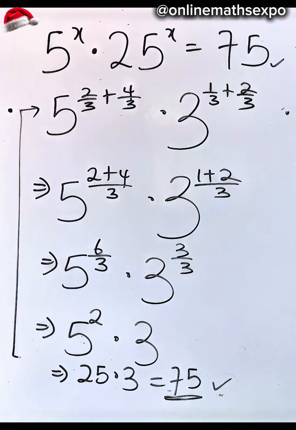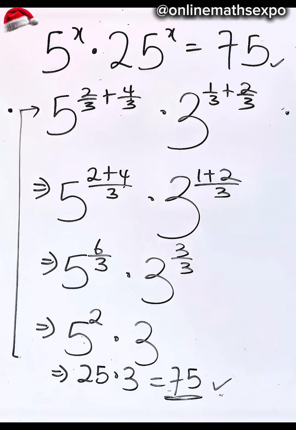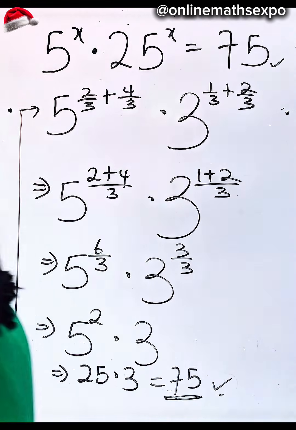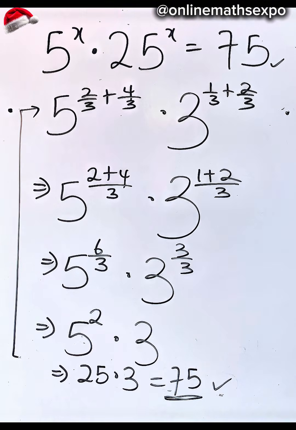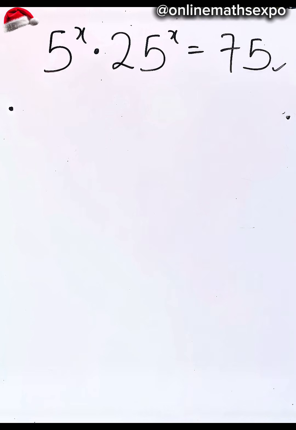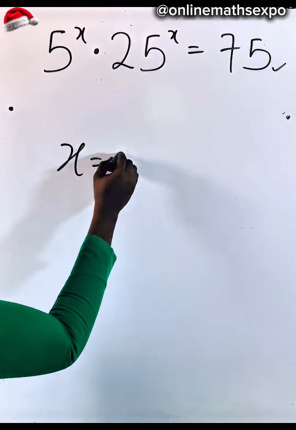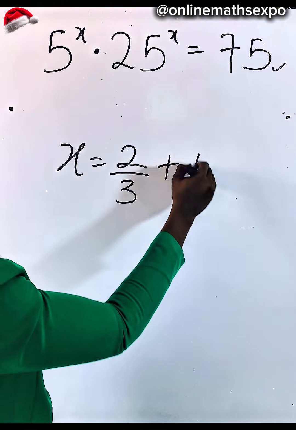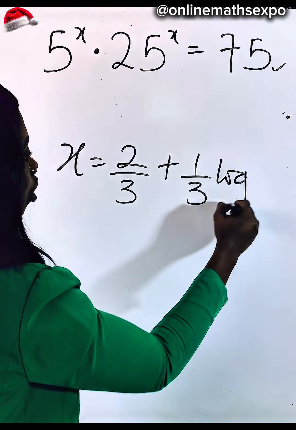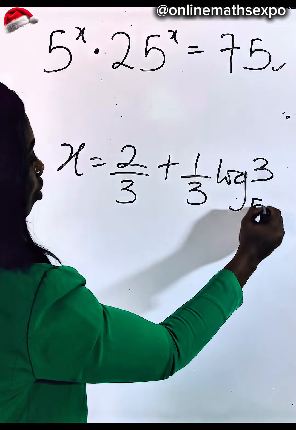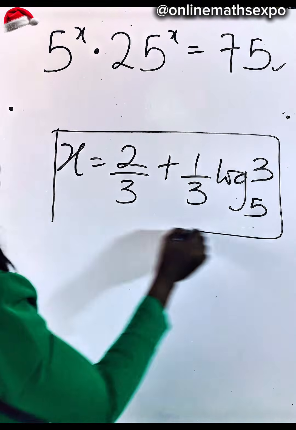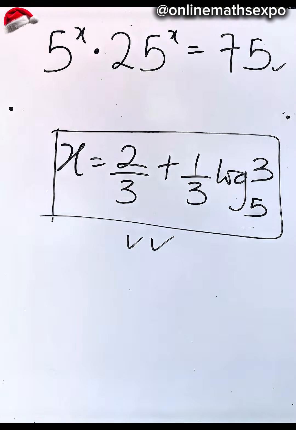So in conclusion, it means that the value of x we got as 2/3 plus 1/3 of log 3 base 5 is absolutely correct. And I hope you really learned something.